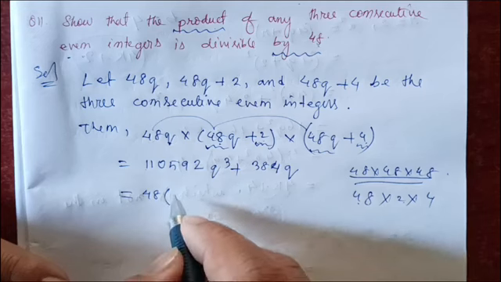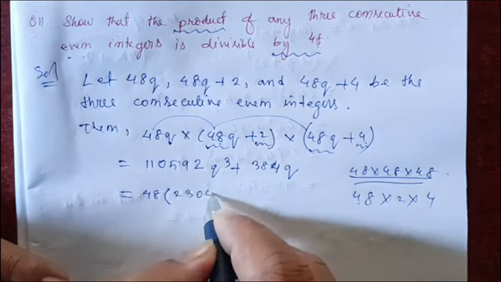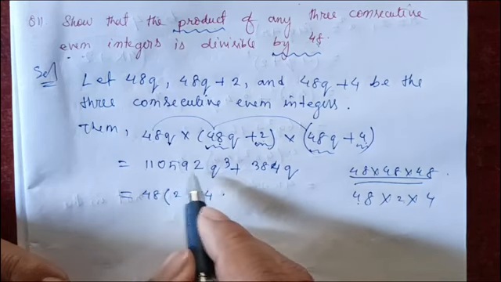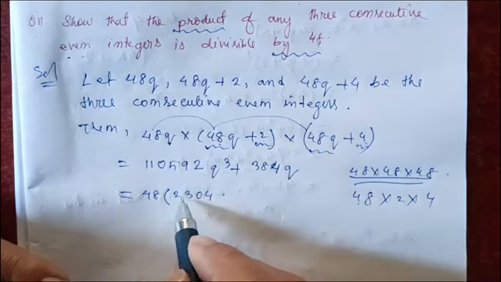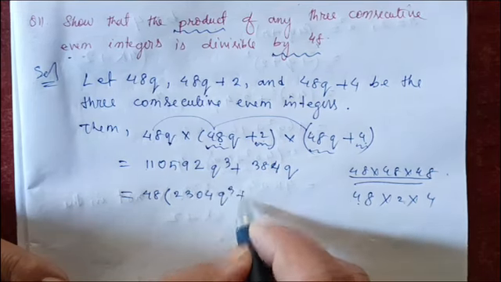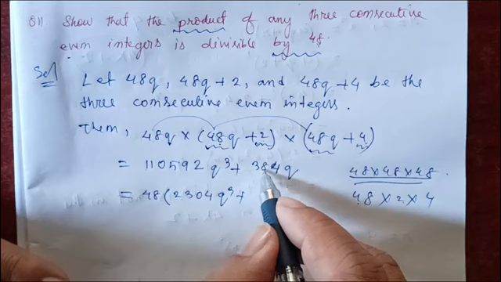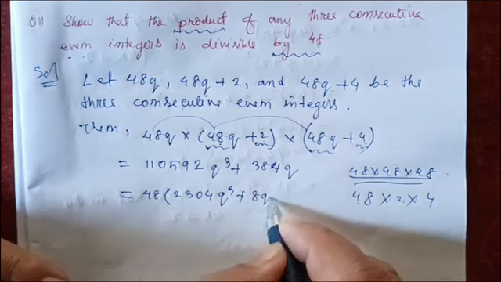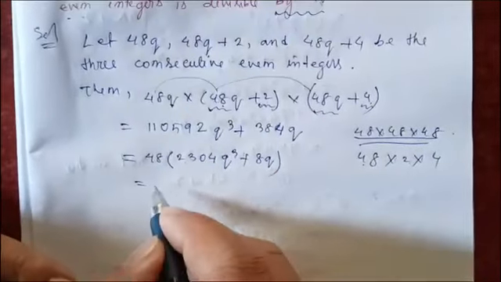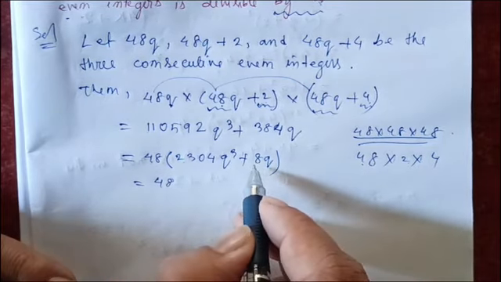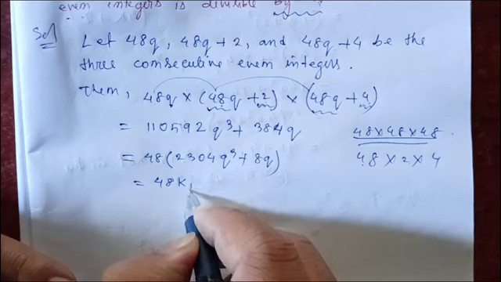110592, when you divide by 48, you will be getting 2304. Check yourself. So q, we still don't touch it. And then this 384, when you divide by 48, you will be getting only 8. Then this 48, those numbers which are inside the bracket, I told you, replace with k.